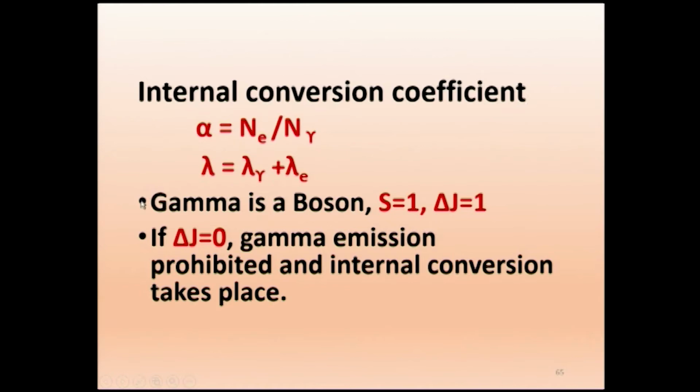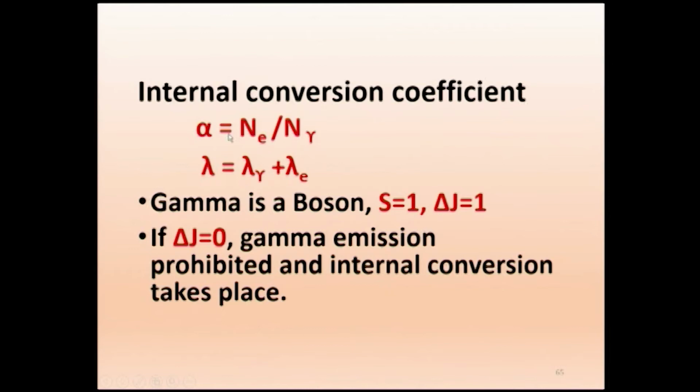Now, already we said something about gamma being prohibited; when is it prohibited? Gamma is a boson, a spin 1 particle. We call it a boson because it obeys Bose-Einstein statistics. Therefore, it has spin s equal to 1, and delta j must be equal to 1. The delta j is between the nuclear spin of the excited state and the lower state.